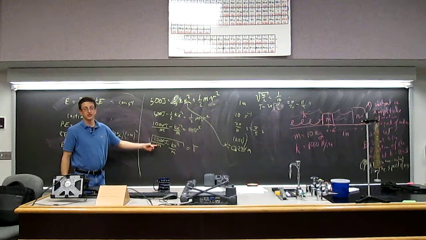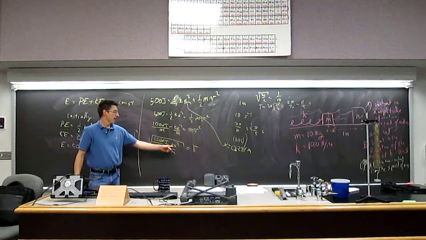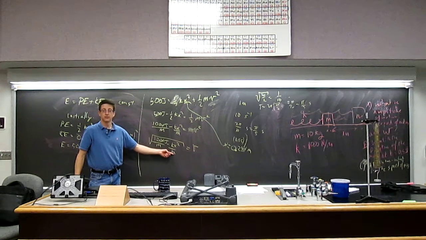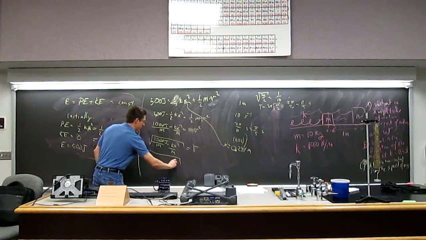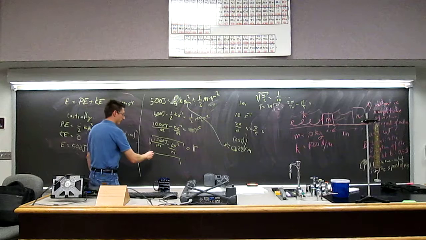This m is 10, k is 1,000, and x was 0.284.